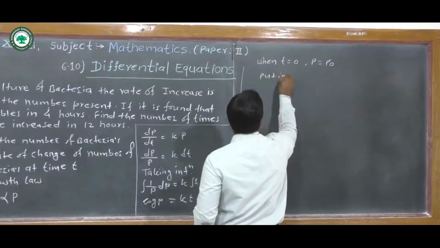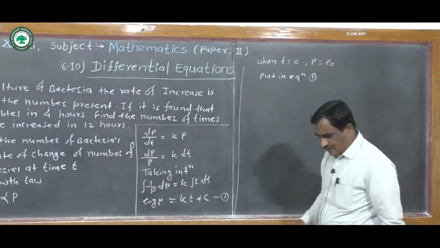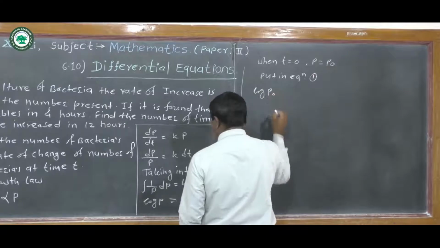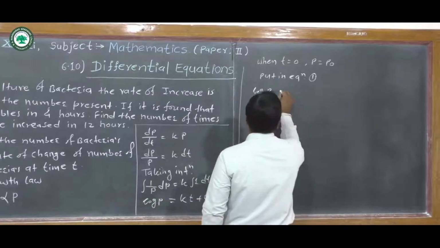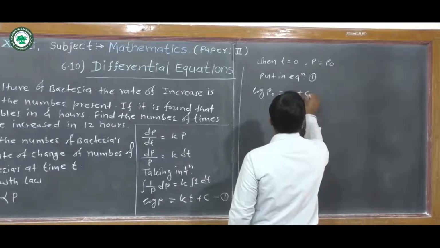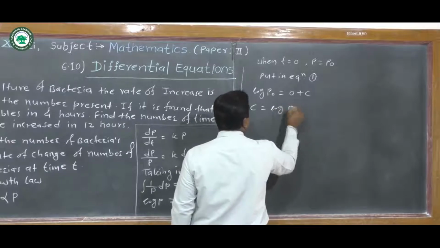Put in equation 1: log of P0 is equal to K times 0 plus c. That is, we get c is equal to log P0.